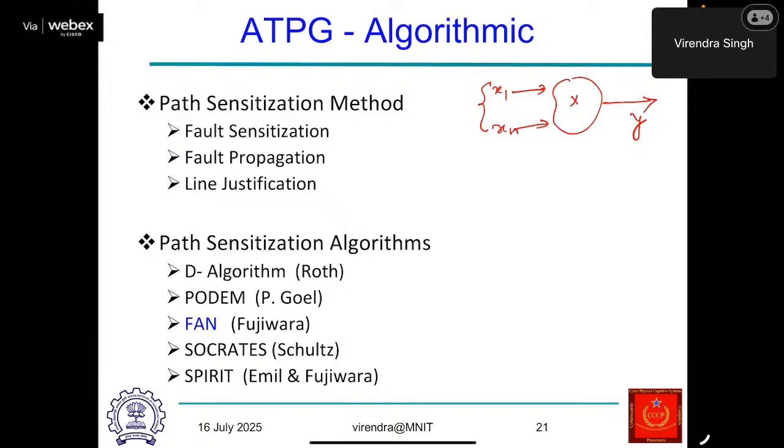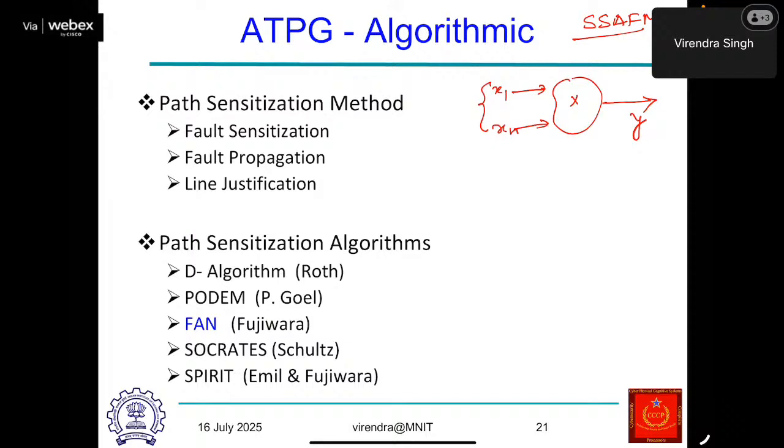And we are assuming that there can be one fault at a time, there cannot be multiple faults. That's the assumption. That's why we use the single stuck at fault model. Single stuck at means here only one net can be stuck to either logic 0 or logic 1.